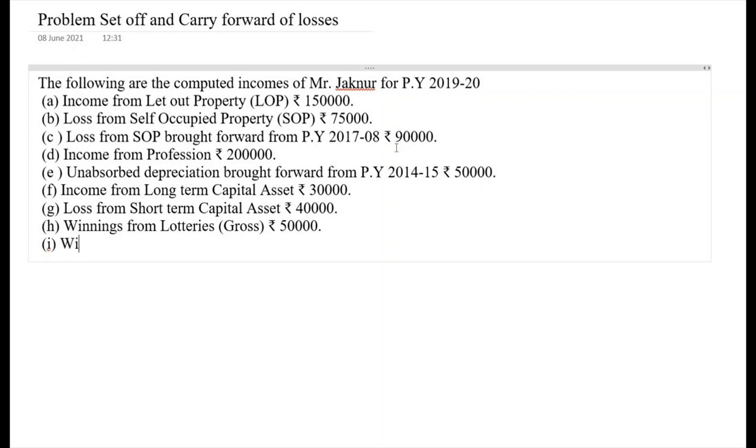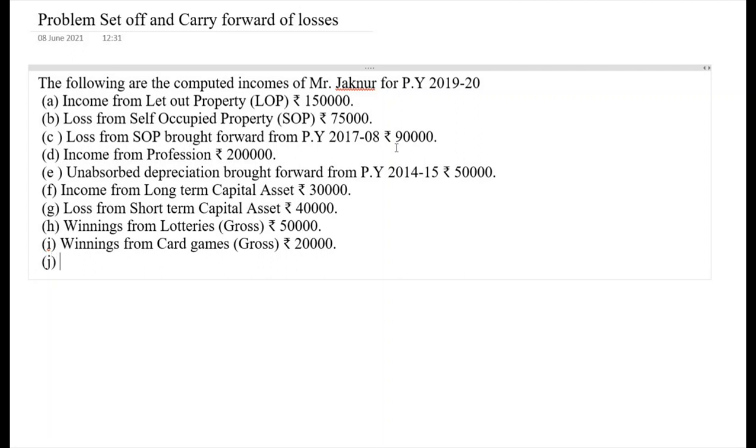I, winnings from card games, in the bracket gross, rupees 20,000.